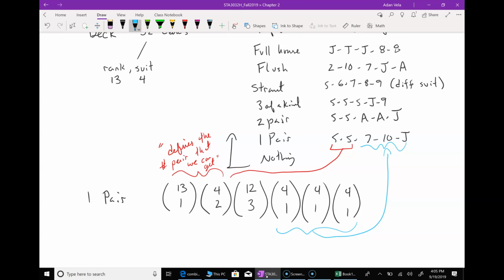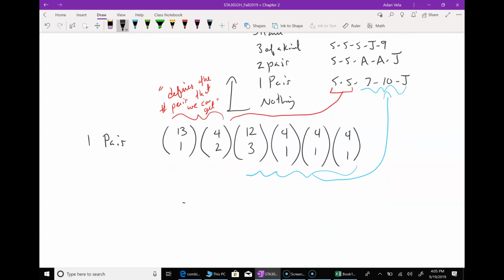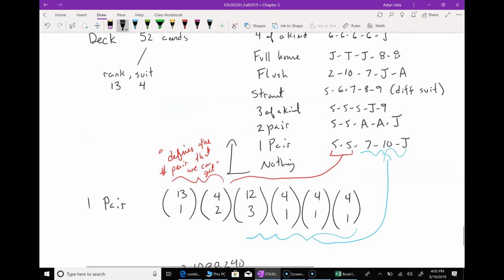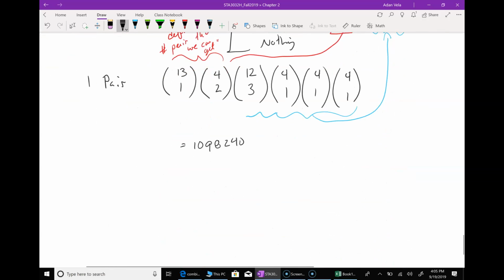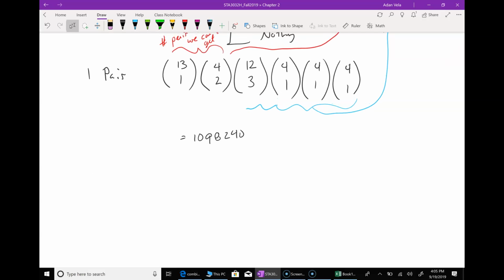And so that's what we have here. If you end up calculating this out, it's some huge number, some gigantic number.